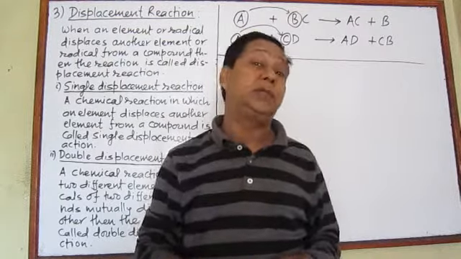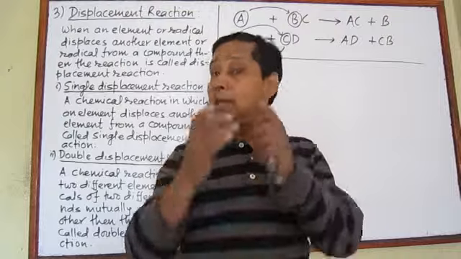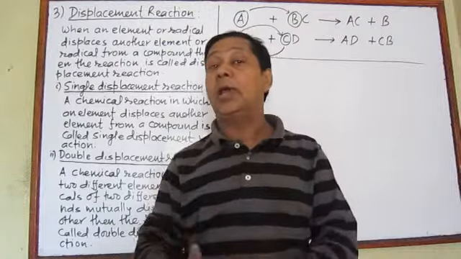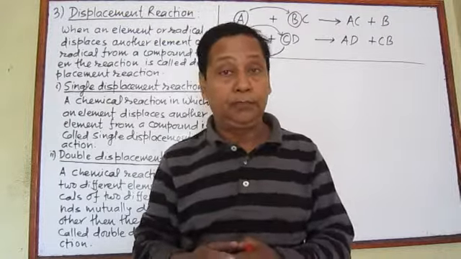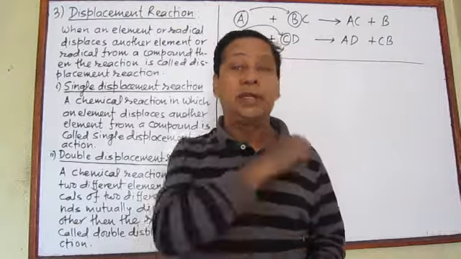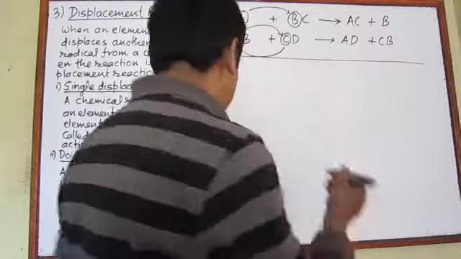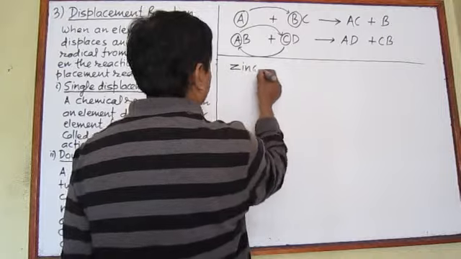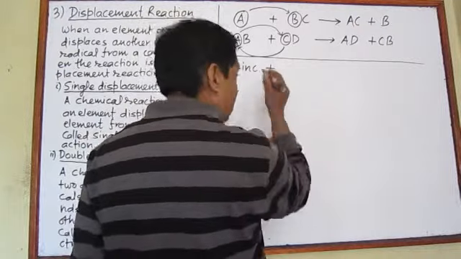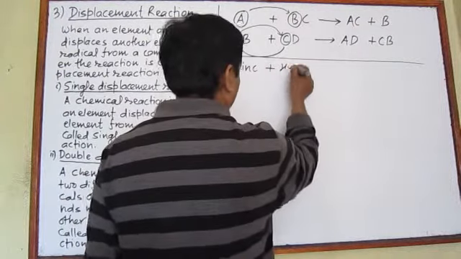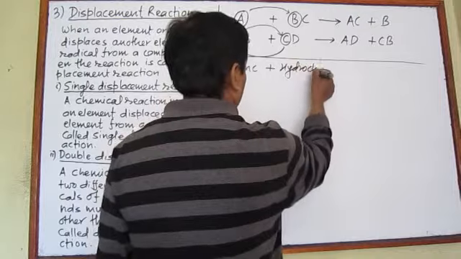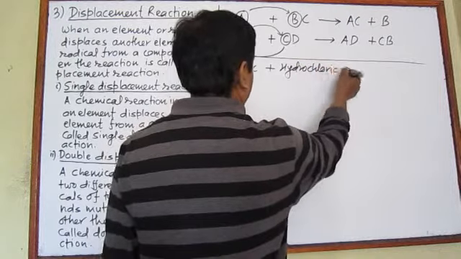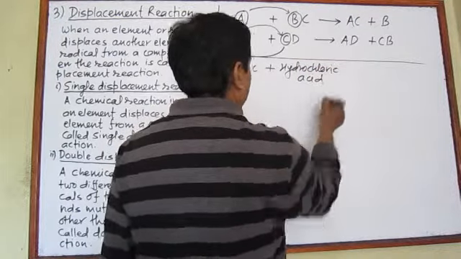Single displacement reaction means when an element displaces another element from a compound, then the reaction is called single displacement reaction. Just for example, look at this. When a metal, let's take zinc, reacts with hydrochloric acid, then what happens?